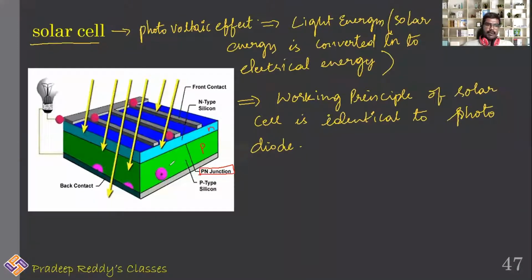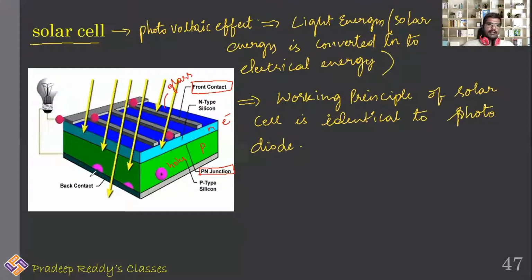P type consists of holes and N type consists of electrons. So P type and N type semiconductors are here, and upon this N-type semiconductor there is a front contact. This top surface is made up of glass because it is able to absorb light energy, which is photon energy.